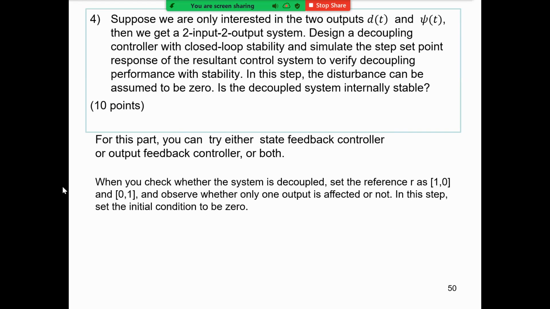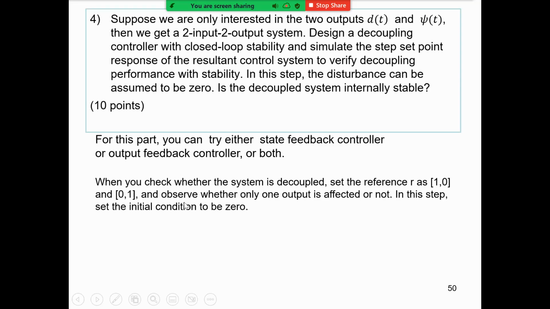How do you check whether the system is decoupled? It's easy. After the design, you set the reference signal as 1, 0 and 0, 1. That means one of the inputs is 1, the other input is 0.